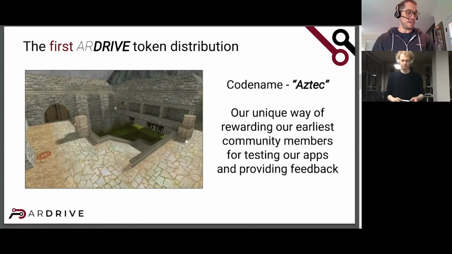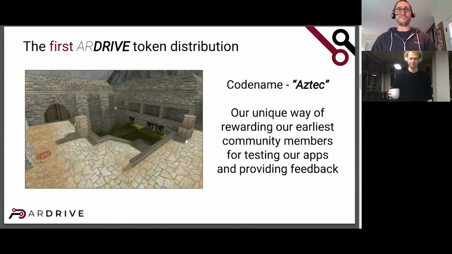So with that, we are a community. Part of that community involves our profit sharing token built on Community XYZ. And what we've really been strategizing around the past few months is how to get our token in the hands of the community. One of the ways that we thought of was to incentivize the testing of our app. So what we're announcing today is our first ArDrive community token distribution, which I've codenamed Aztec.